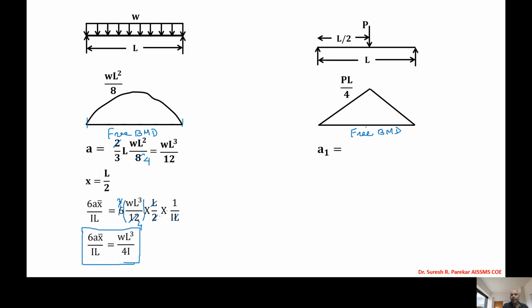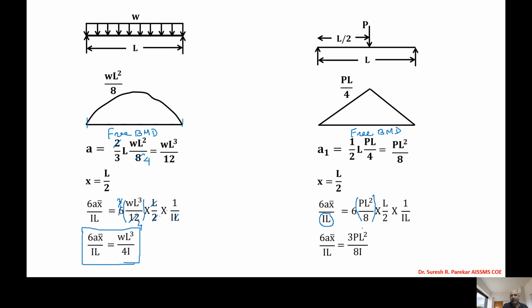Now A1 is 1/2 base into height, 1/2 L into PL by 4 gives us PL square by 8. Now x1 bar from any side will be L by 2, and then 6a x bar is 6 into area PL square by 8, x bar L by 2, into 1 by IL, because we have 6a x bar upon IL, so IL is there in the denominator. And then we will find this value as 3PL square upon 8.